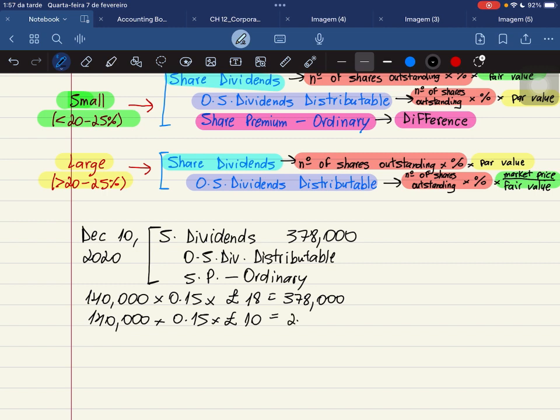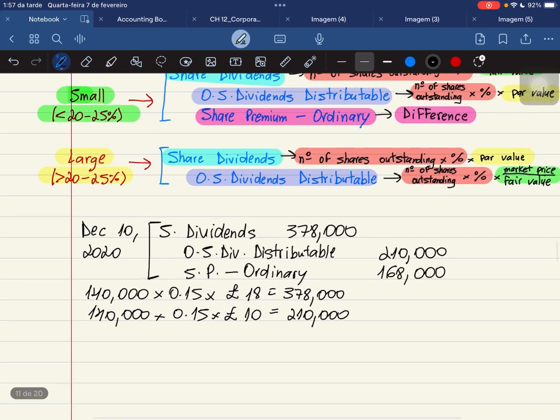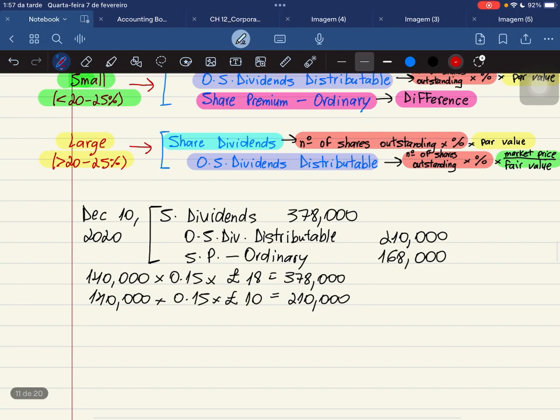That is 210,000. And the share premium ordinary is going to be the difference between these two numbers. That is 168,000. Okay, and that is letter A. Let's see what letter B says.